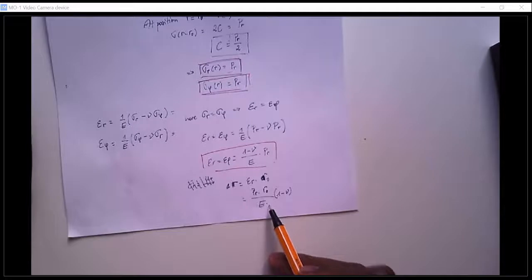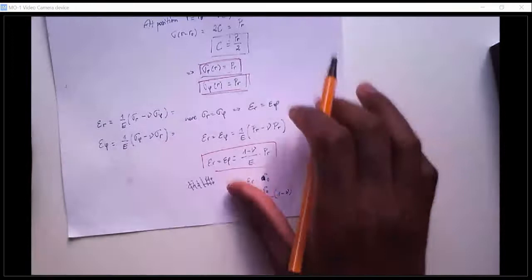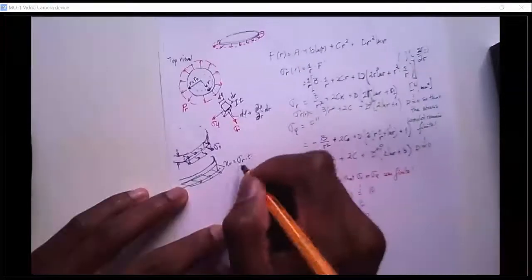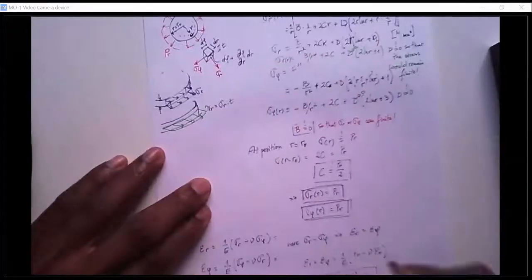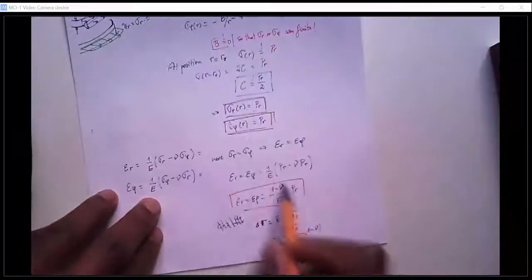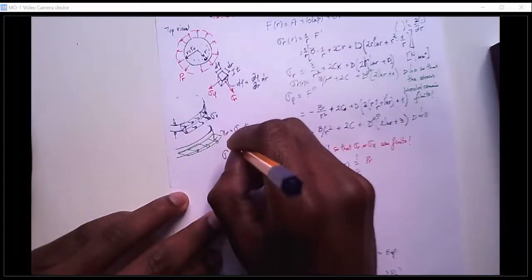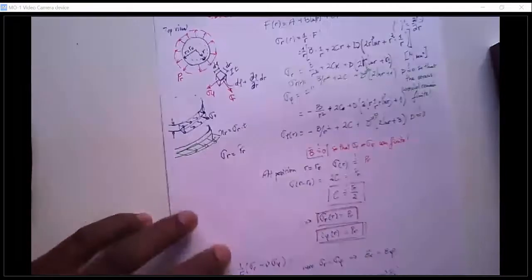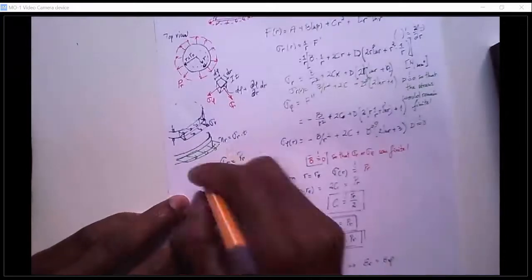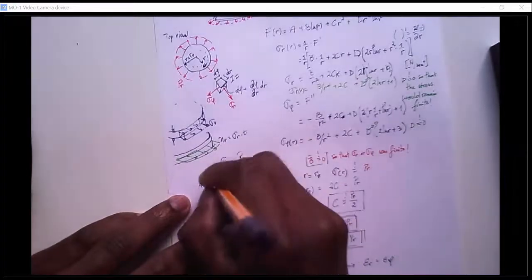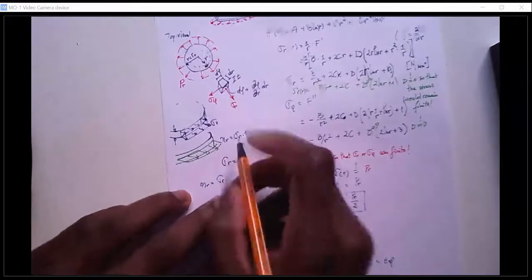And why do they have an H here? The reason is simple. For our stress PR here, we are using sigma equals PR. That's what we say, right? But we also said the following, that NR equals sigma R times the thickness.